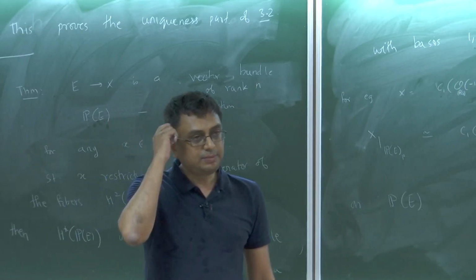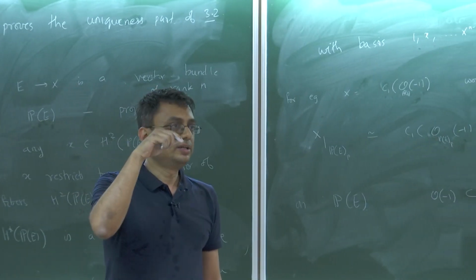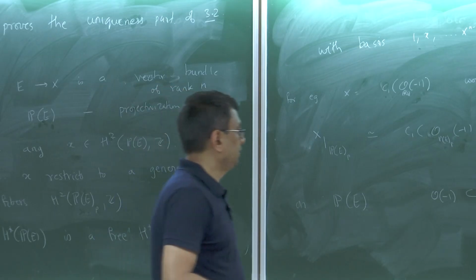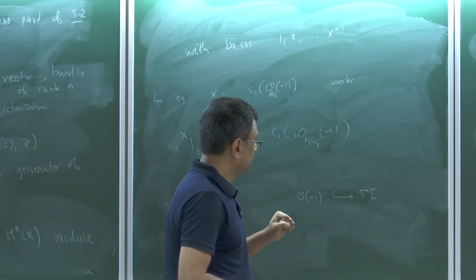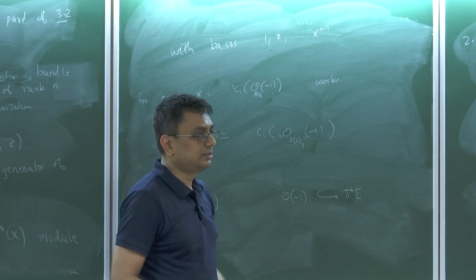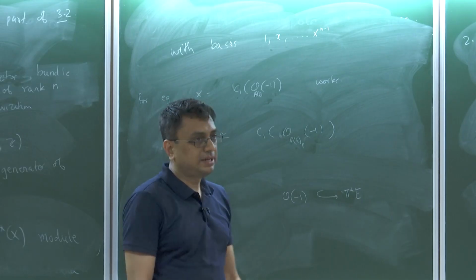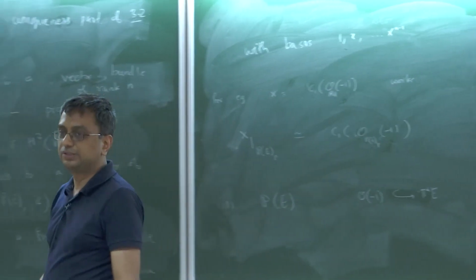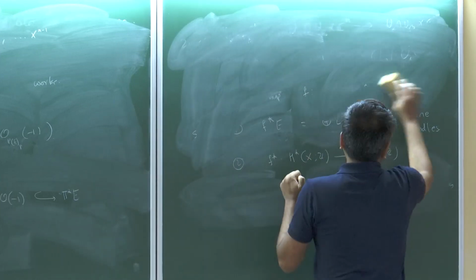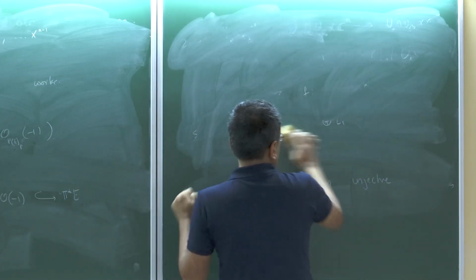For every point, it assigns the line which is parameterized. Every point of the projective space is a line. So let us look at what is happening for projective space.